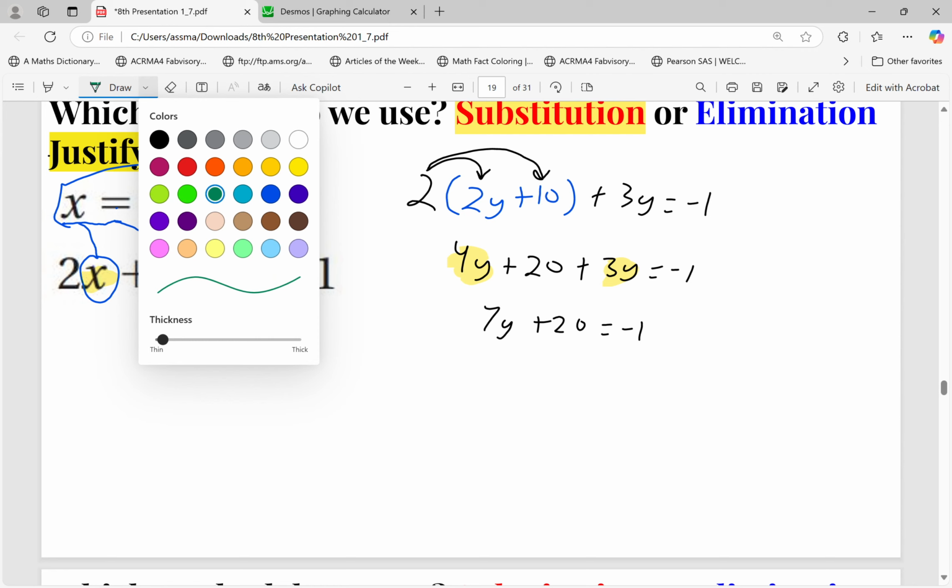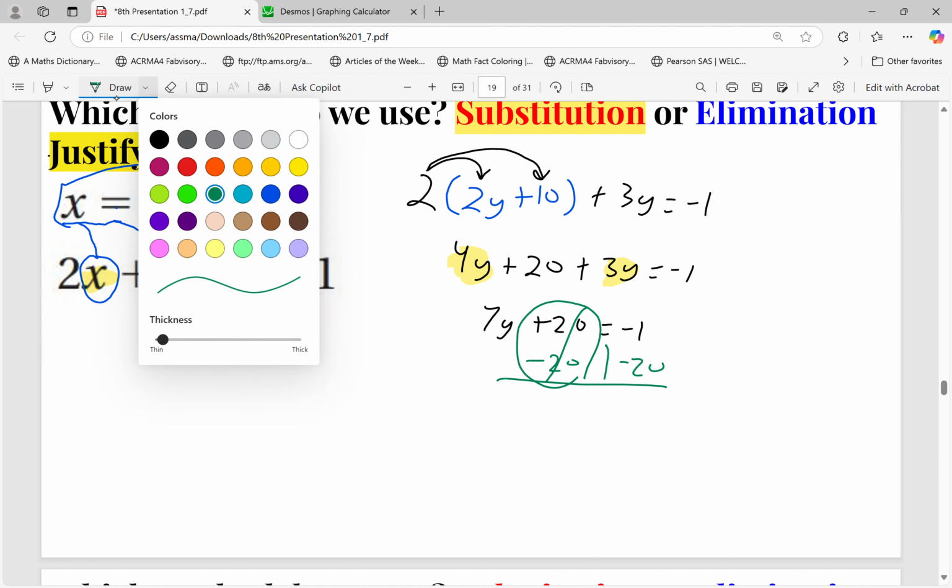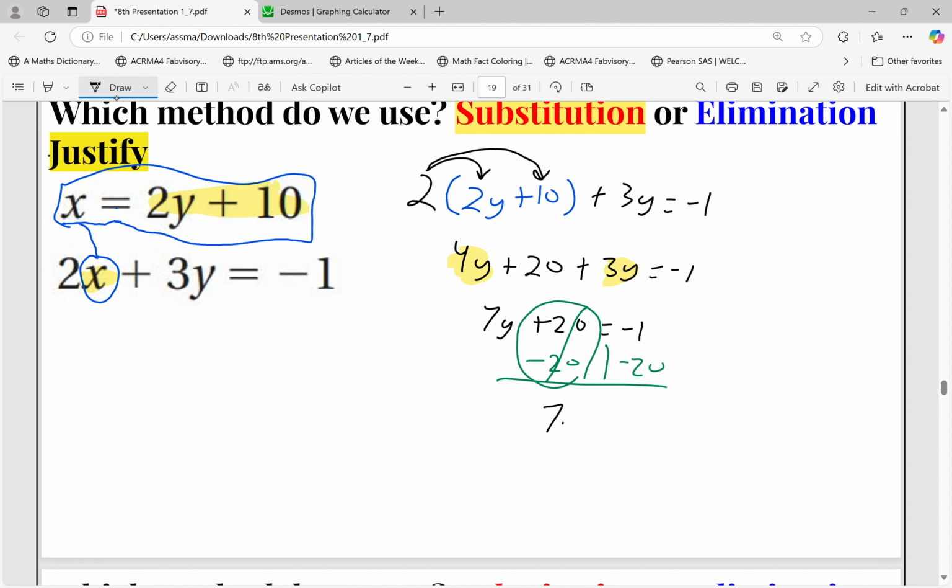Then I want to isolate y, so I have to get rid of that 20. So I subtract 20 on both sides, and what happens here is that I get a 0. So I get 7y is equal to negative 21.